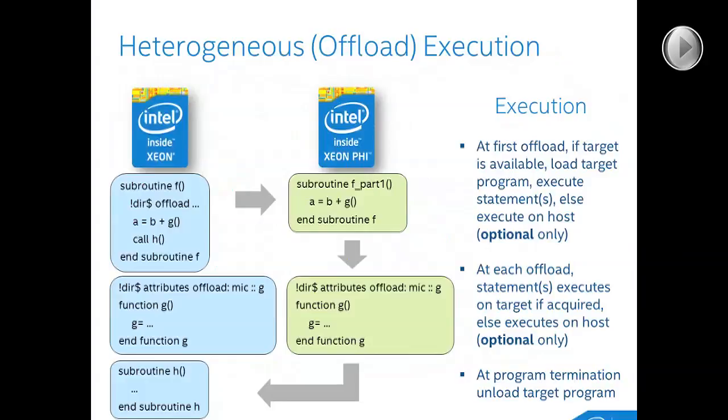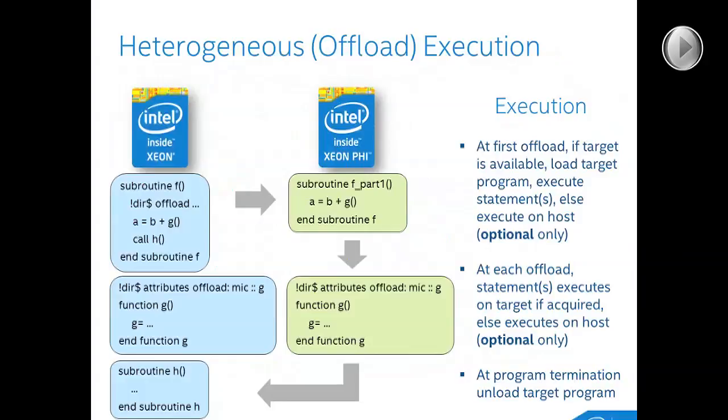The execution would begin on the host at the first point of offload. Let's assume for discussion here that it's within our subroutine F, and the assignment to A is what's been offloaded. At the first point of offload, the runtime will check for the availability of the coprocessor, and under that mandatory behavior that I described, if the coprocessor is unavailable, the program would abort at this point.